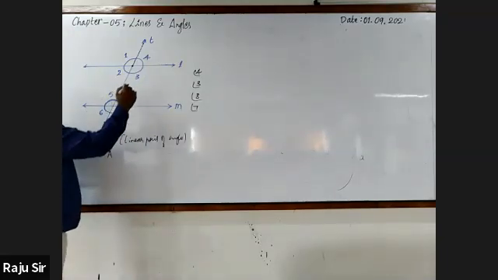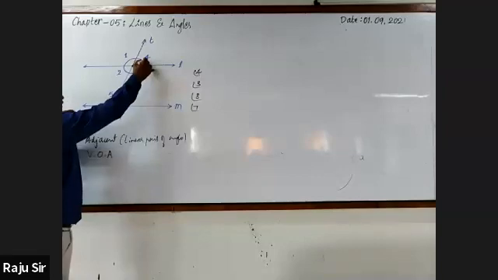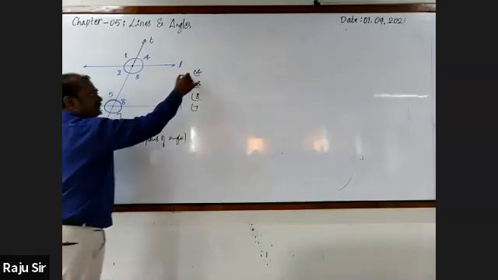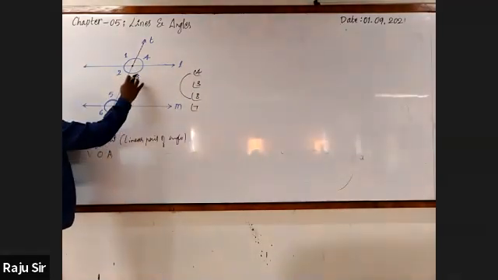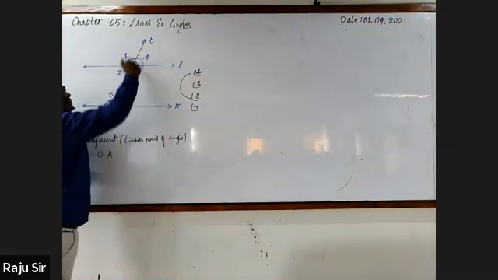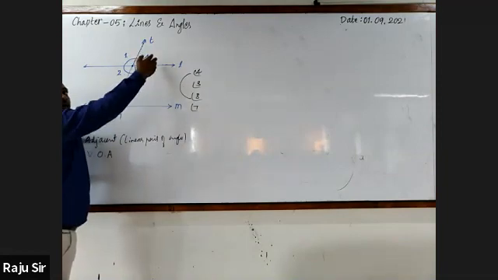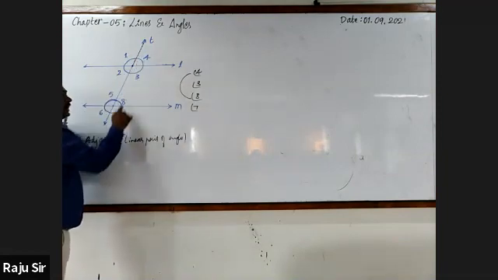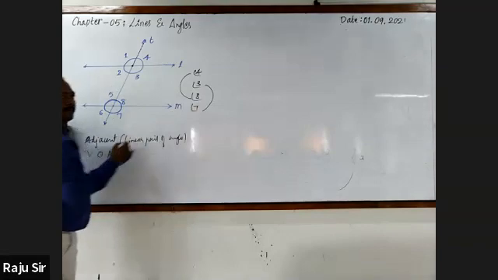Take 4 and 8. They are on the same side of the parallels, above the parallel lines. 3 and 7 are below the parallel lines.